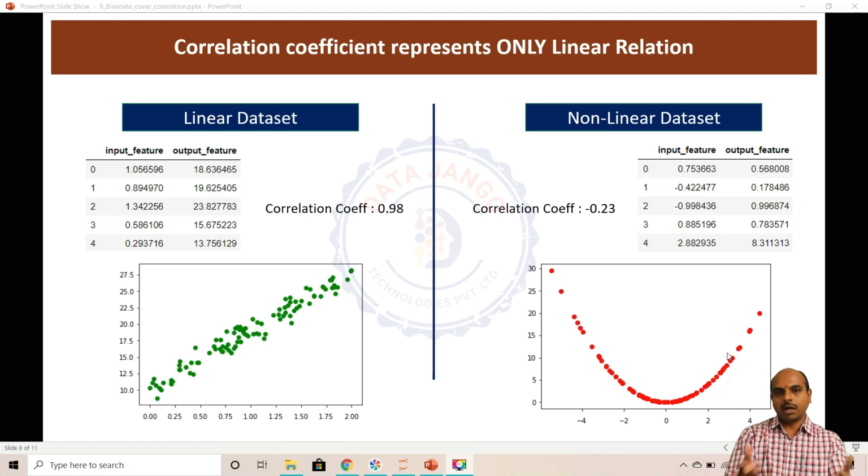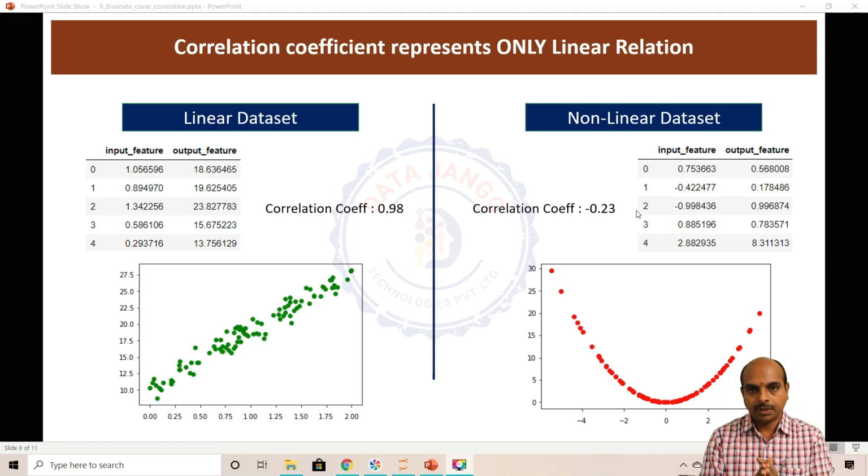So why am I showing all this? By just calculating the correlation coefficient and looking at the number, you cannot decide the strength or the relationship between two features. There may be a non-linear relationship also. It is always suggested that you calculate correlation, look at the score, and then do a scatter plot like this and look at the relationship also. If the scatter chart is showing a non-linear relationship, then the feature is important in predicting the target variable.